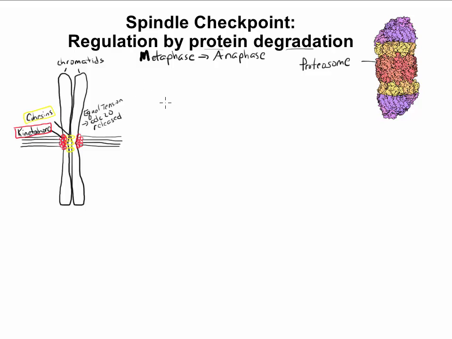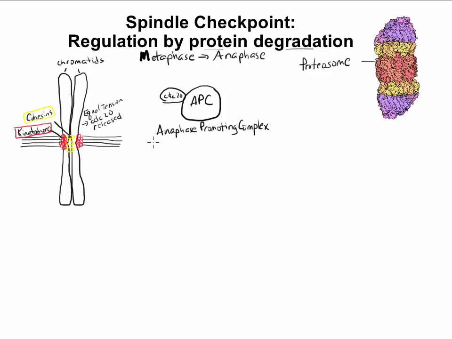All right. Now, CDC20, it turns out, is a protein that allosterically regulates another protein complex called anaphase promoting complex, or APC.